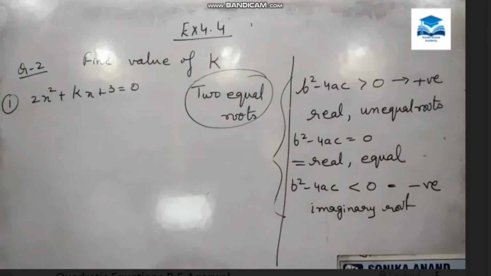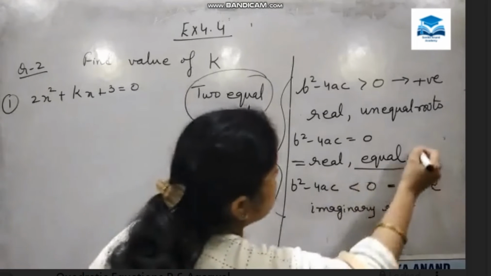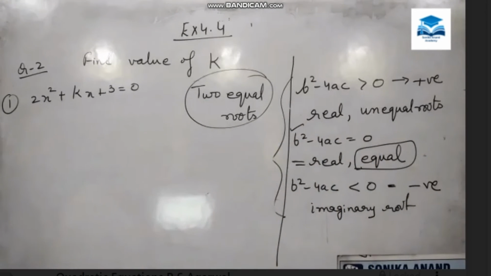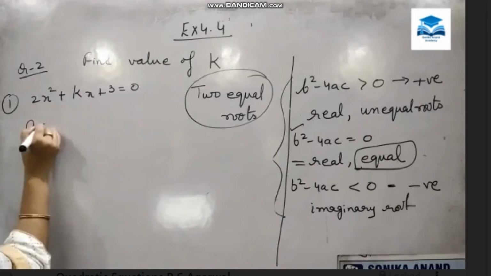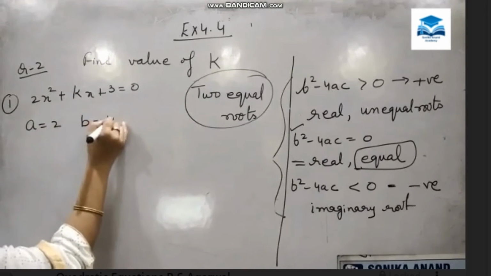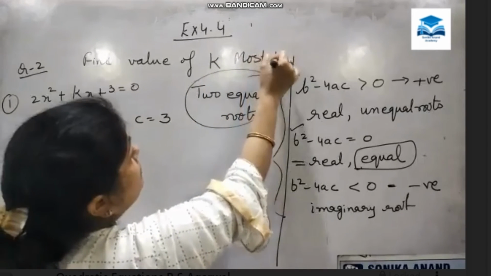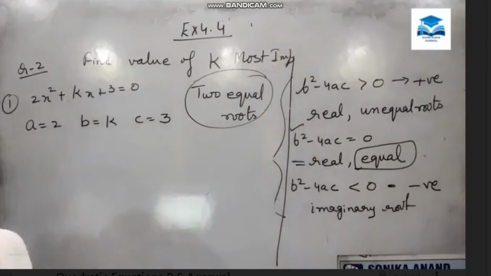So when they have two equal roots, the value of b square minus 4ac is equal to 0. So we compare here a is equal to 2, b is equal to k and c is equal to 3. This is the most important question. Clear? The pattern is most important.